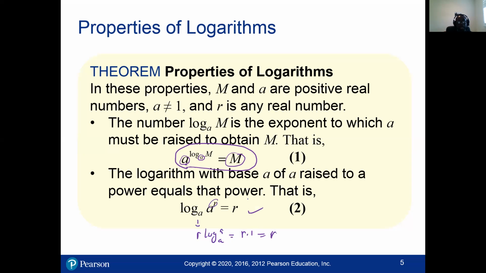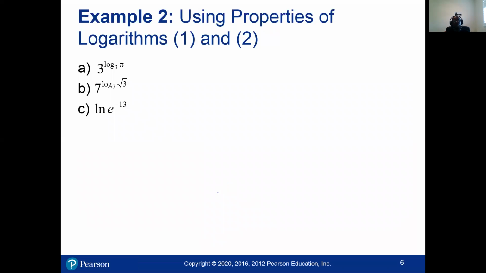Okay, so now let's apply this to certain examples, the first two. If we have 3 raised to log pi base 3, now look at this. This 3 is equal to that base. So this is actually equal to pi. As simple as that.